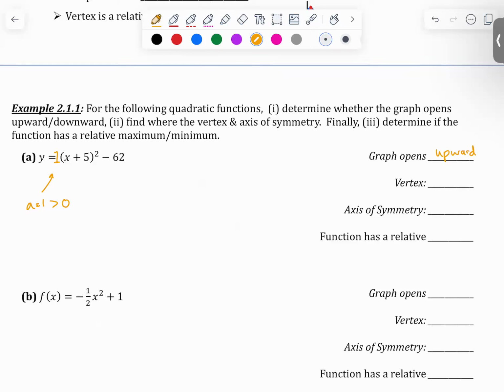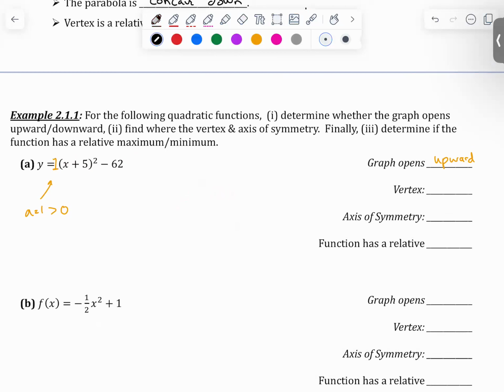Then we need to look at the vertex. Now this is in vertex form. A common mistake, so don't write this down, a student will say that the vertex is 5 comma negative 62, but that's not actually correct. The reason why is, remember, the formula for vertex form is y equals a times x minus h squared plus k.